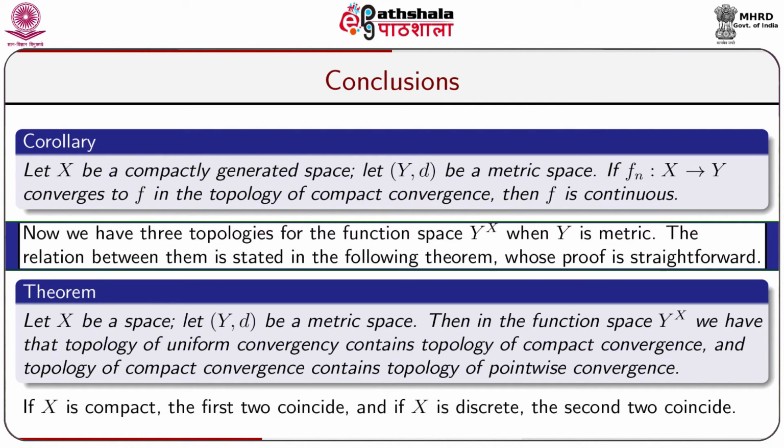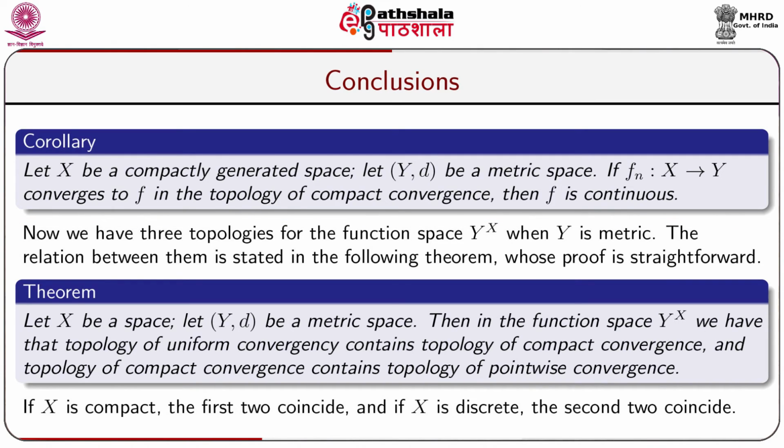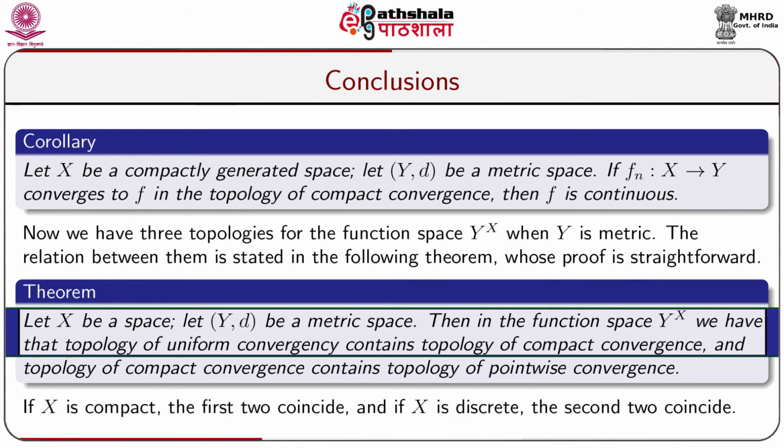Now, we have three topologies for the function space Y to the power X when Y is a metric space. The relation between them is stated in the following theorem, whose proof now is straightforward. Let X be a space and (Y,d) be a metric space.